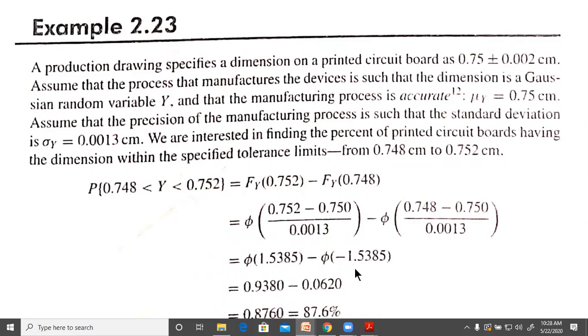So you'll get 0.8760, that is 87.6. Okay, 87.6% of the PCBs will lie within the tolerance limit if we have the range as this value, with mean as this, and the standard deviation of this. The result will turn out to be 87.6% printed circuit boards within the tolerance limits.